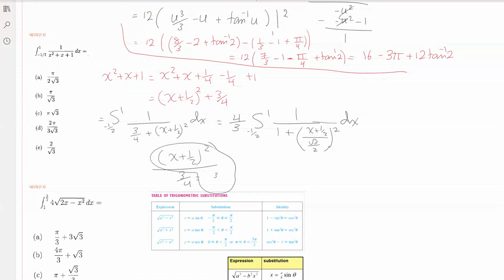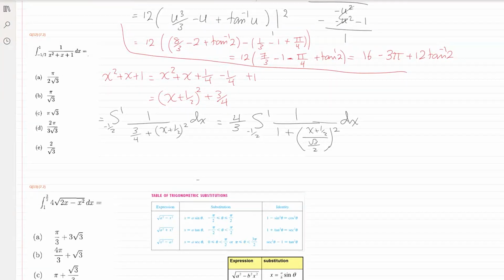This is a good idea. Okay, now it will be in the form of tan inverse. See here, this is equal to 4 over 3 from minus half to 1, 1 over 1 plus, you can take it up, it will be 2x plus 1 over root 3 squared dx.